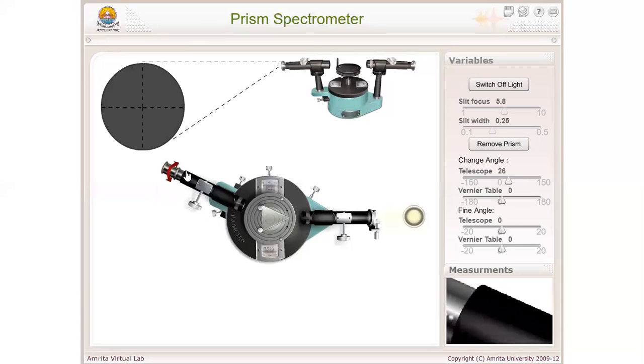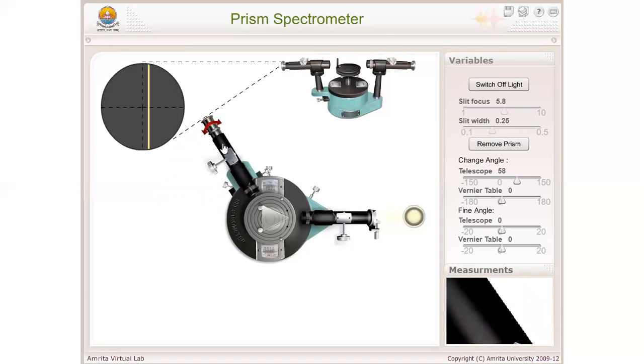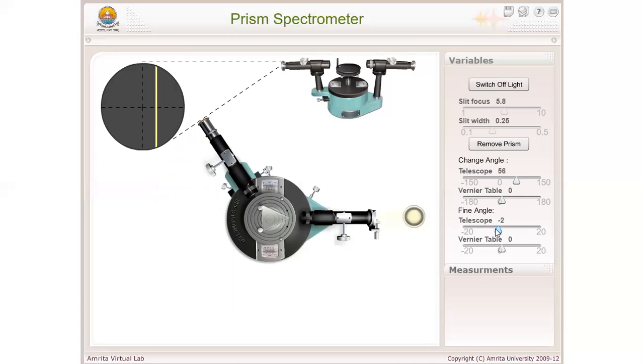Move the telescope to the other opposite side to obtain the light reflected from the other face of the prism. You can move the telescope from here, and you can also fine adjust the angle from here like this, till the image is obtained on the crosswires again.